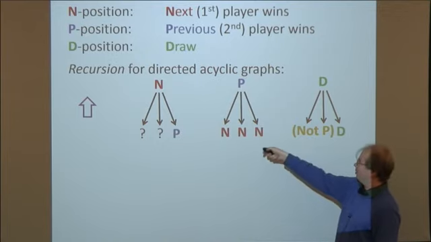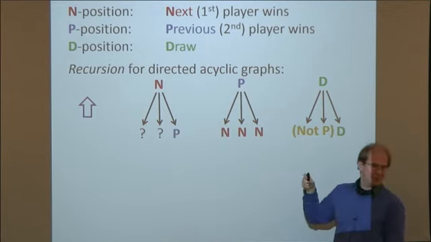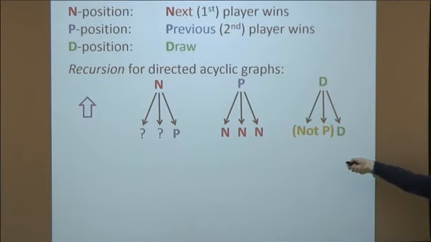So that's a very good move. So that means this is a winning position. This is an N position. And if all the things you can get to are N positions, then too bad for you, you're going to lose. So that's a P position. And then when you involve draws, if there are no P's, but there is at least one D, then this is a D. It's not too difficult.